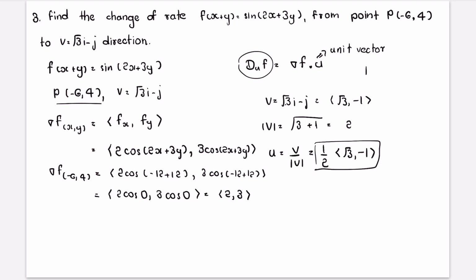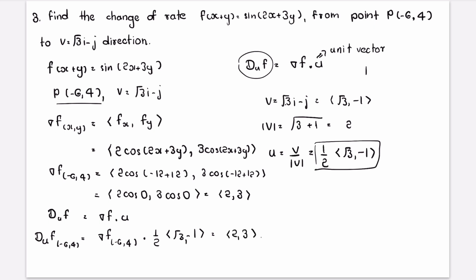So we found everything we need. Just substitute in the directional derivative equation to find the answer. It is 2 comma 3, then root 3 comma 1 over 2 is 1 over 2.